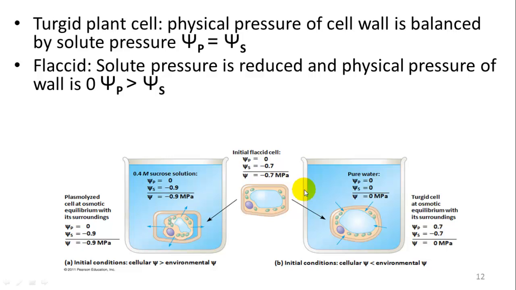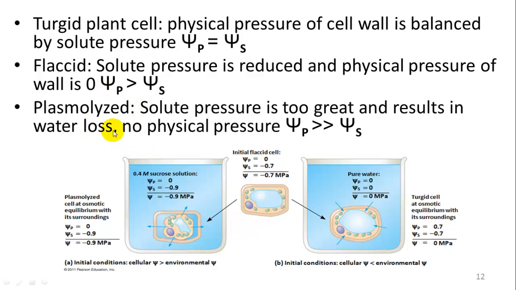In a flaccid cell, so one which is wilting, the solute pressure is reduced and the physical pressure of the wall is zero. So your solute pressure is more negative than your physical pressure. And then in a plasmolyzed cell, so this is one that is no longer functioning, the solute pressure is too great, so it's much more negative than the physical pressure. And so you would have then the cell membrane pulling away from the cell wall as you are losing more and more water.